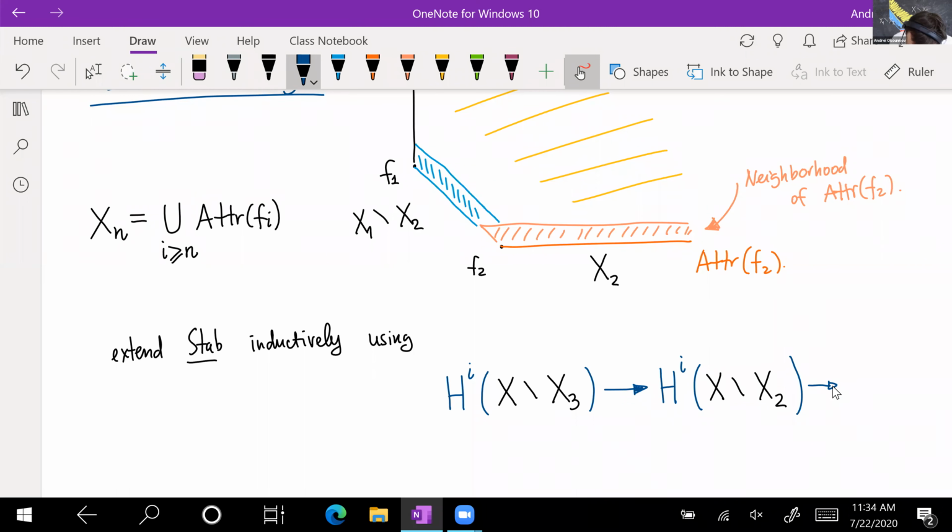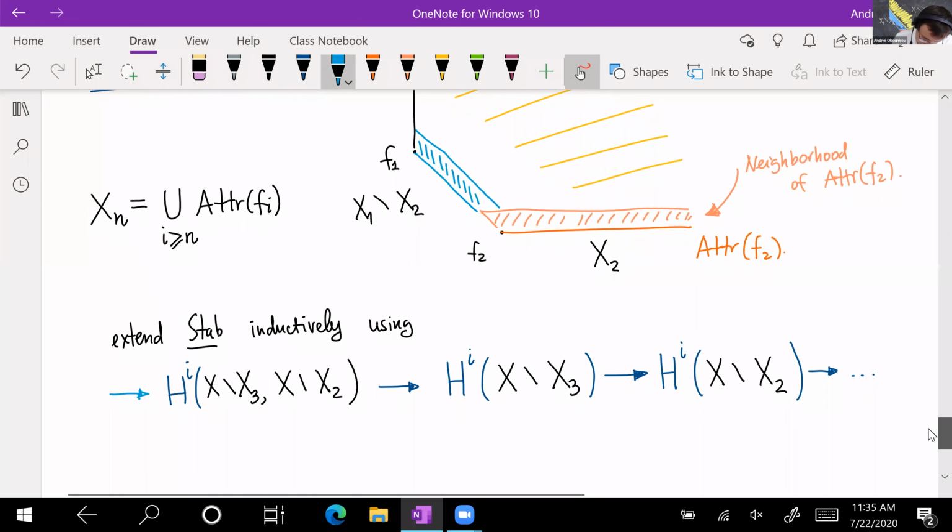And so this is a long exact sequence in cohomology, and this term is the relative cohomology group. So it's going to be Hi of X minus X3 modulo X minus X2. But what is this?